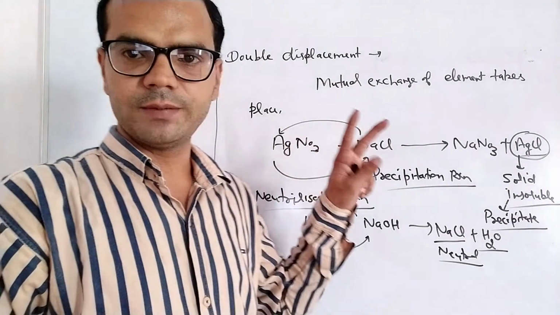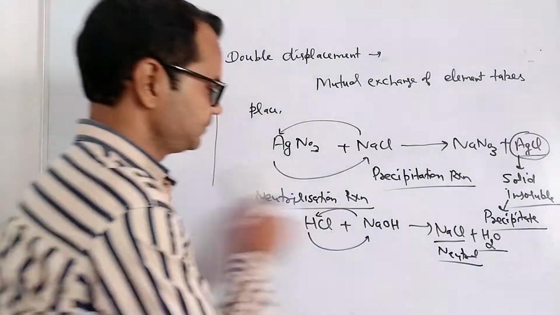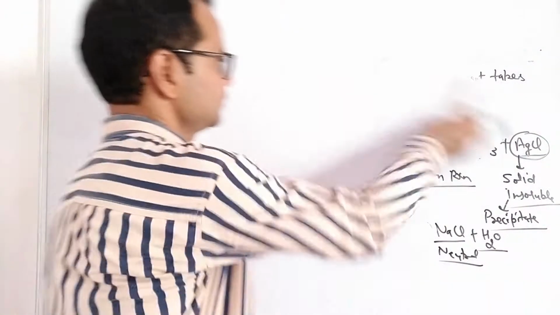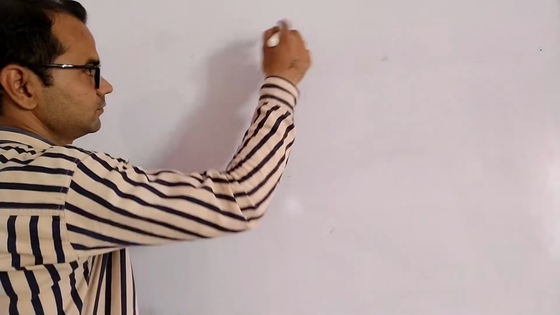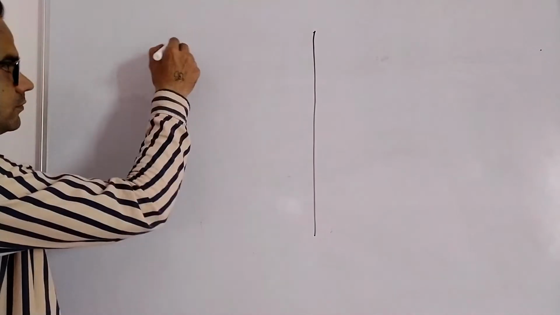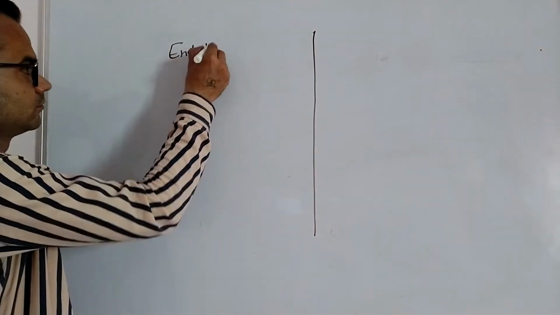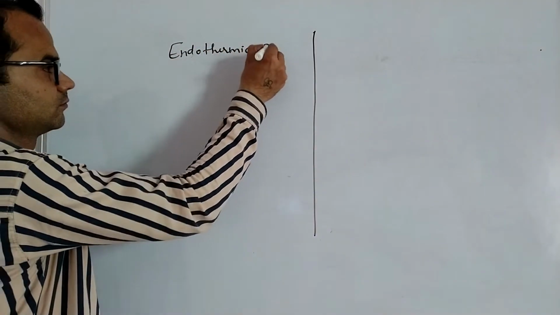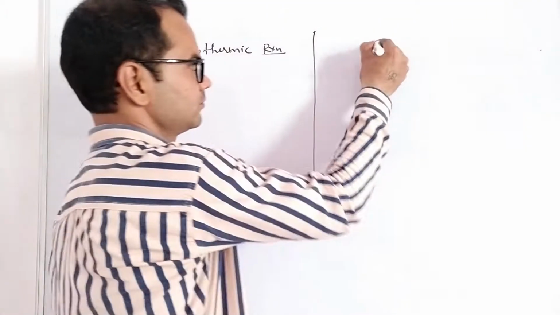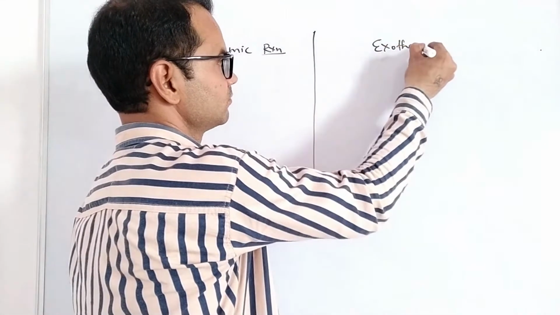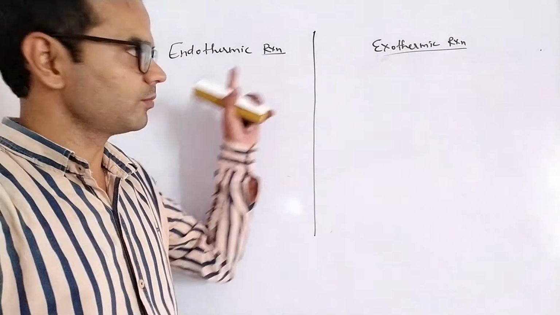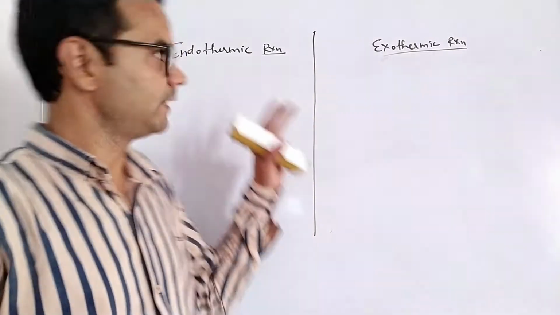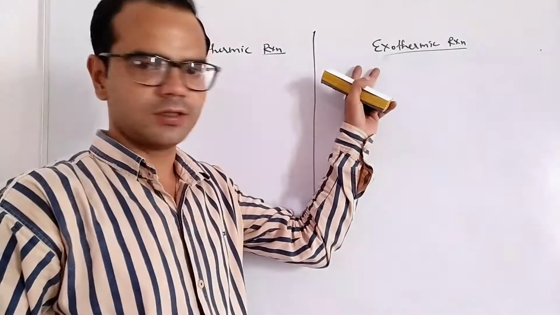Next, reactions are classified on the basis of energy. On the basis of energy, reactions are of two types: endothermic reaction and exothermic reaction.